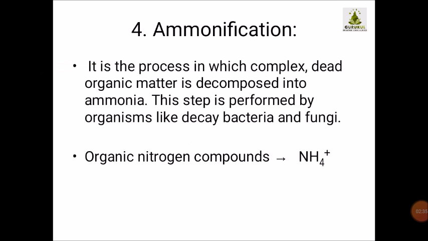Then after assimilation, we have ammonification. What happens in ammonification? Ammonification is a process in which complex dead organic matter is decomposed into ammonia. Which organisms are involved in this step? This step is performed by organisms like decaying bacteria and fungi.